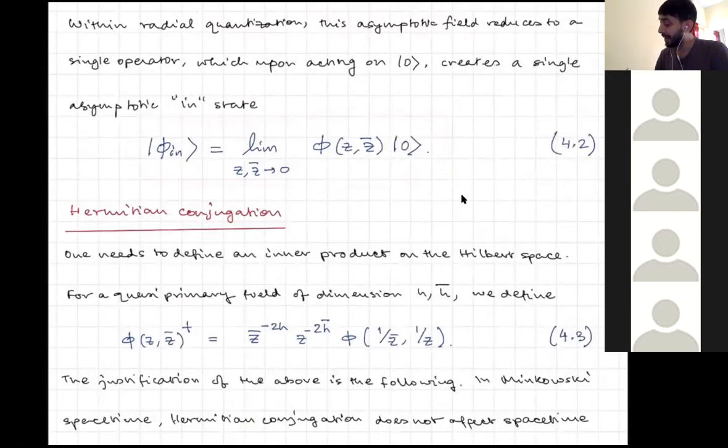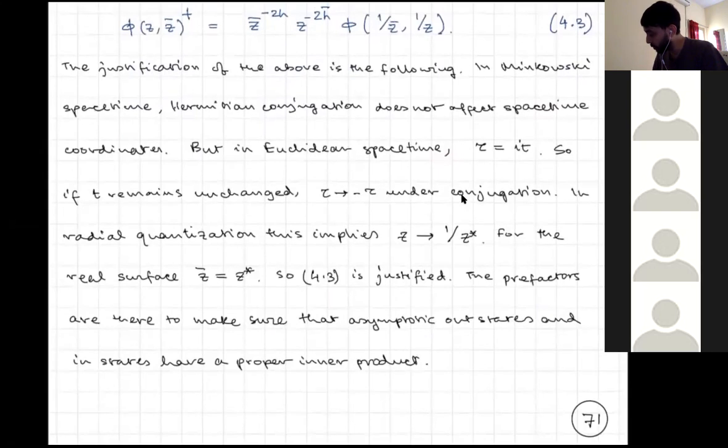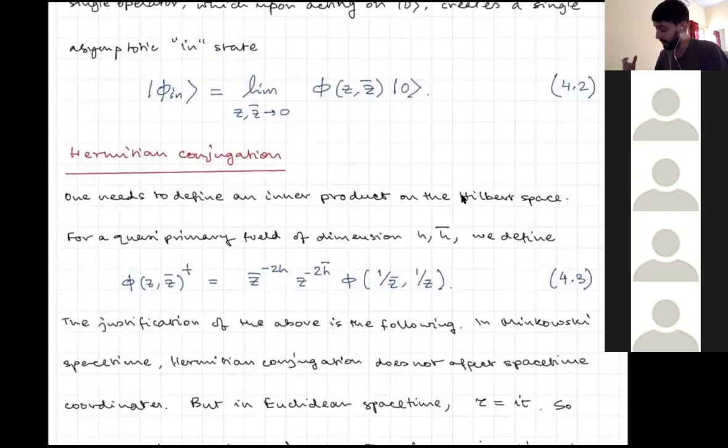When you're looking at an asymptotic in state, you actually need to insert this particular operator at the origin, acting on the vacuum. Before I go on, I will say a few more things about how to conjugate things.